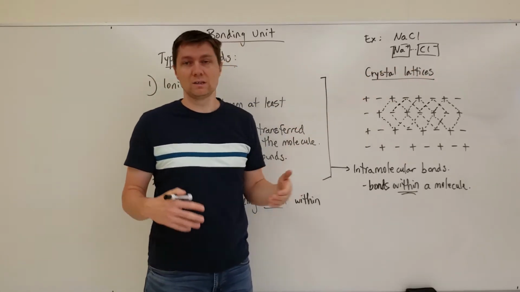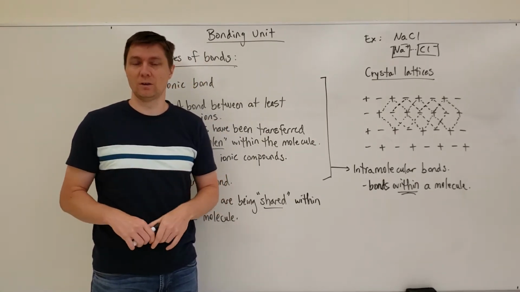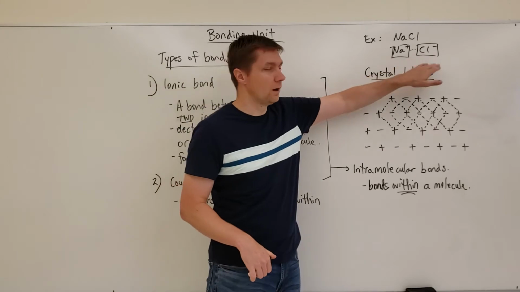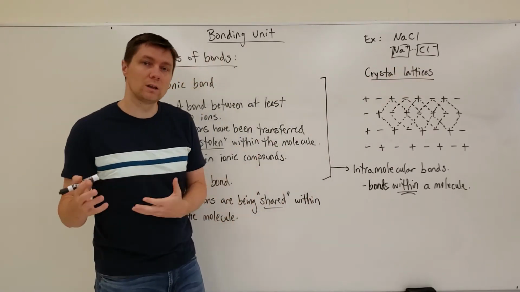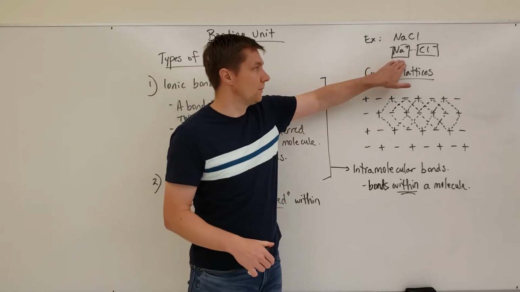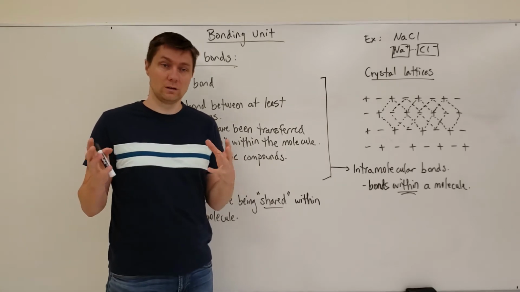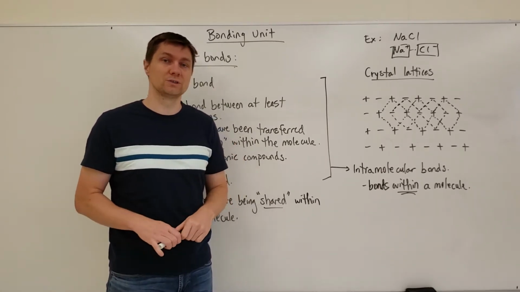And this is what makes sodium positive. It's positive because it has one less electron than its elemental form. And the chloride ion is negative because it's got one more electron than its elemental form. And so what's really happened here is the sodium ion has given an electron to the chloride ion, therefore forming ions in both of those substances.